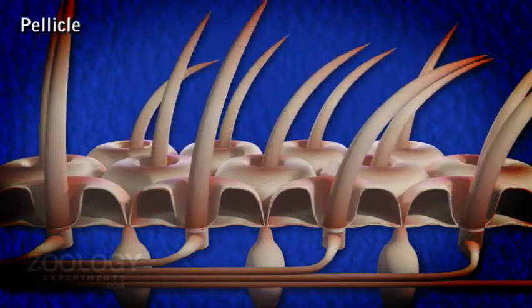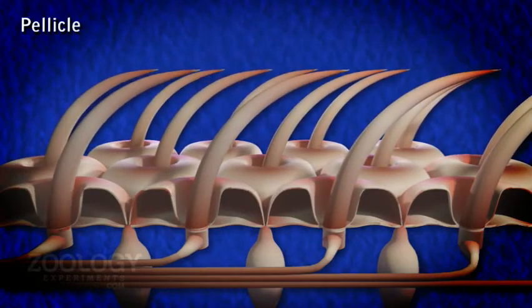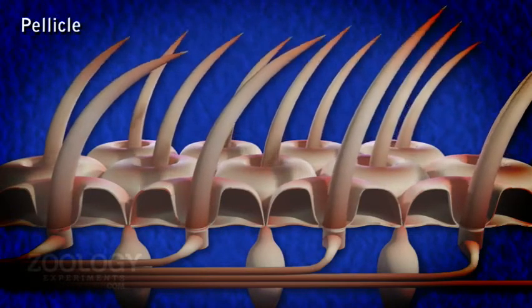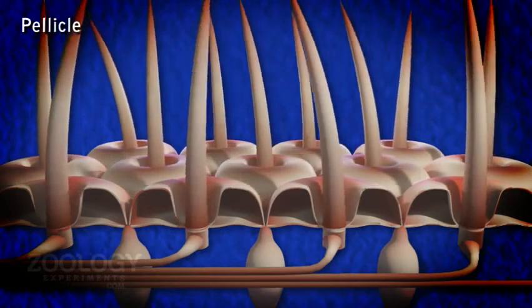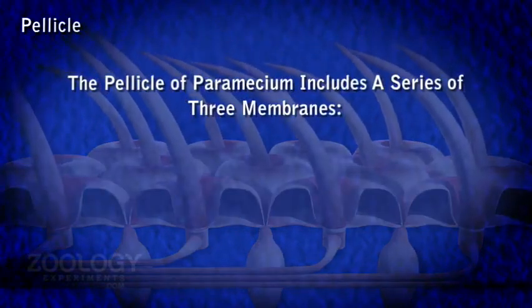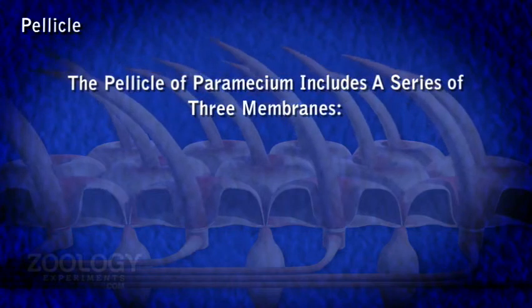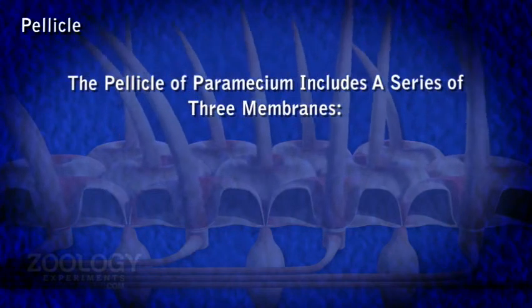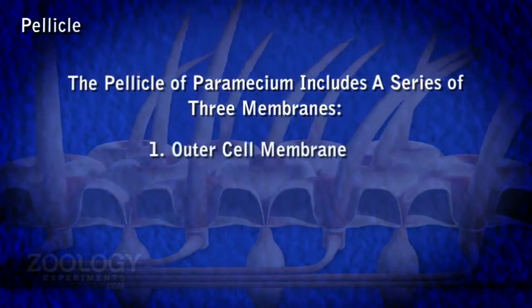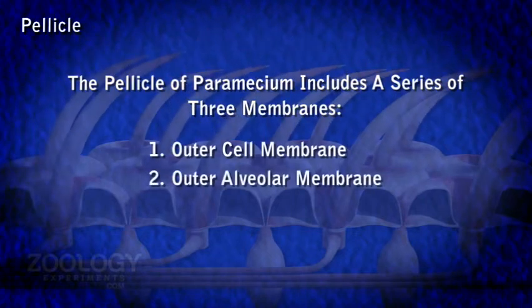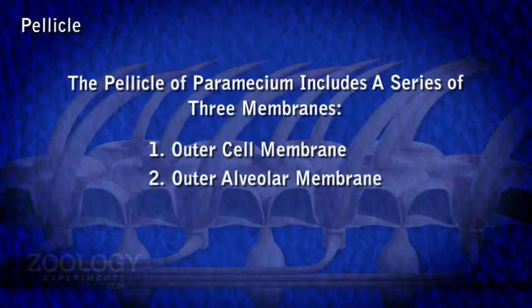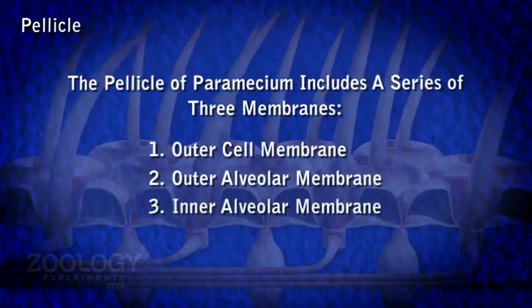A single cilium emerges out from the middle of each hexagonal space. The pellicle includes a series of three membranes: 1. Outer cell membrane, 2. Outer alveolar membrane, and 3. Inner alveolar membrane.